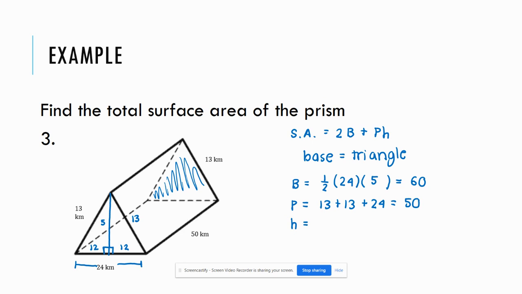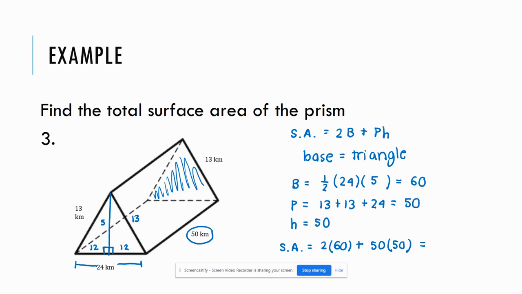Now remember, H stands for the height of the prism. What connects those 2 triangles together? Well, it's the number we have not used yet. That would be 50. So now that I have all this information, I'm going to substitute it in very carefully. So we'll have 2 times 60 plus, then we'll have 50 times 50.